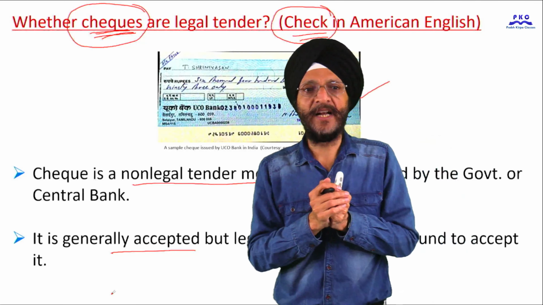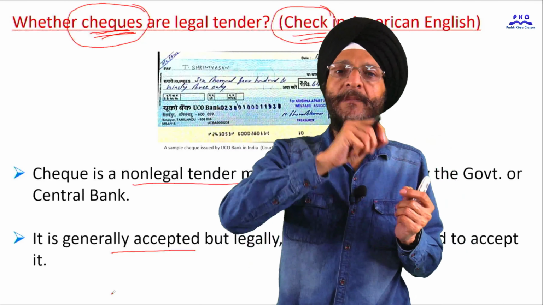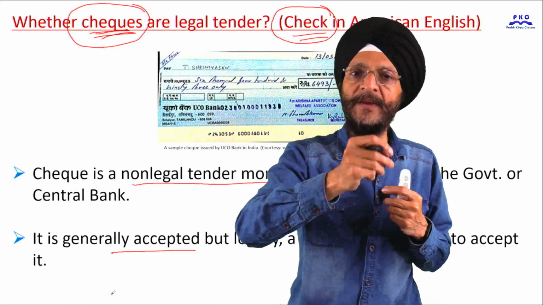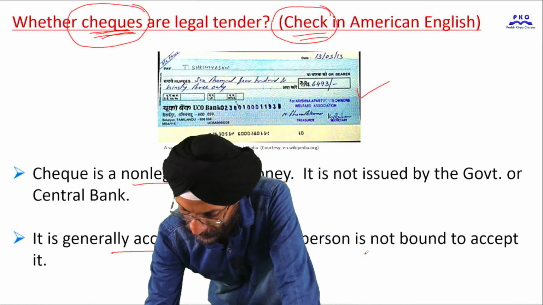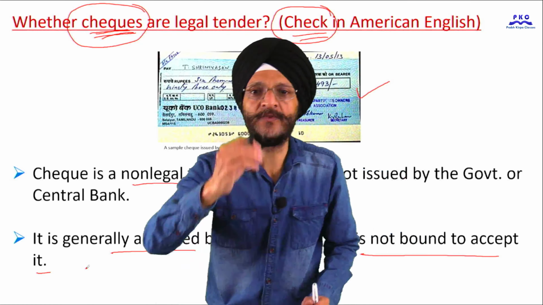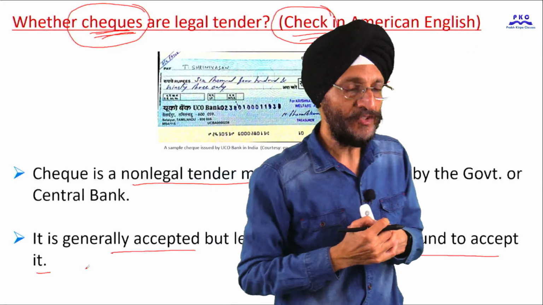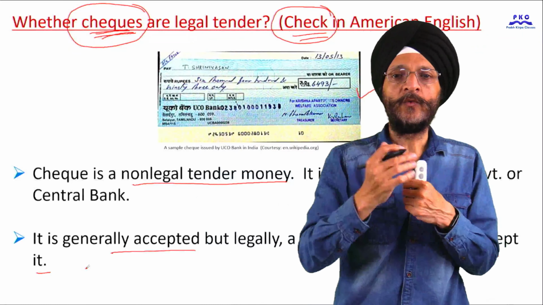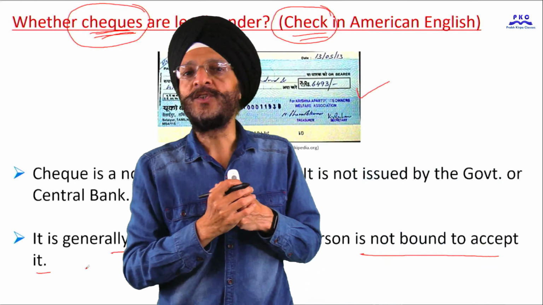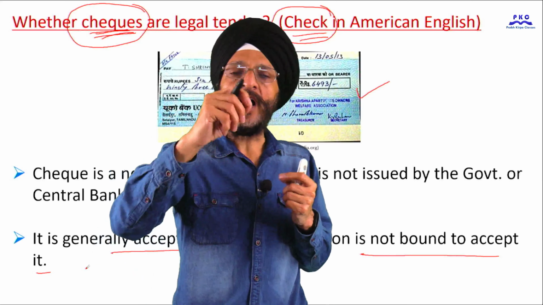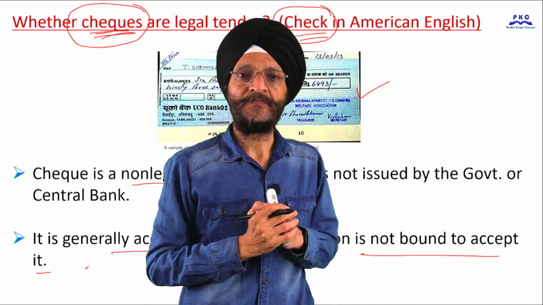It may be possible that we may be making payment to the seller by way of check, but legally a person is not bound to accept it. Suppose we go to a jewelry showroom, we buy jewelry and we tell the showroom that I will make the payment by check.